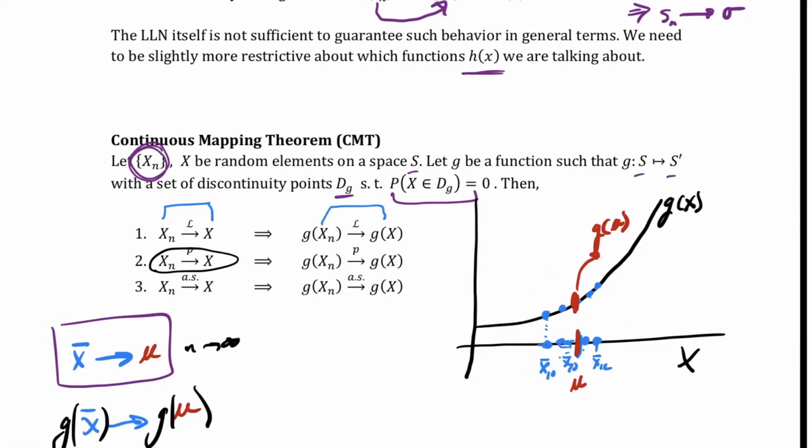And so the convergence that you actually get, even though it looks like it's happening on the curve, is actually happening here. This is g of x bar 10. This is g of x bar 20. This is g of x bar 12.